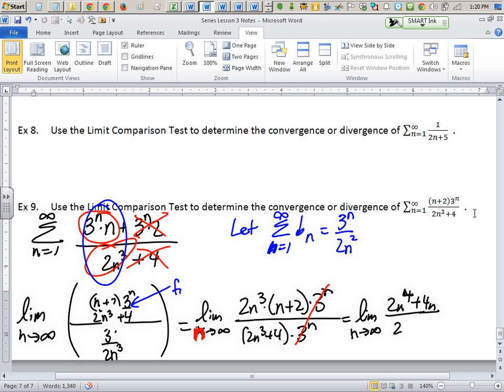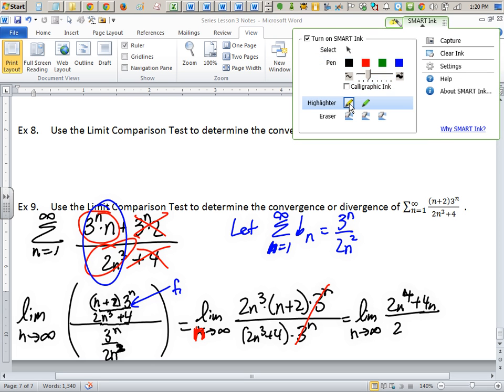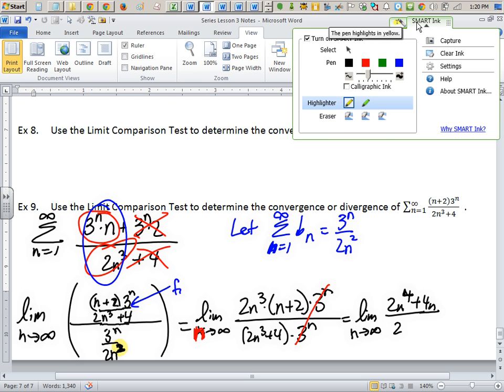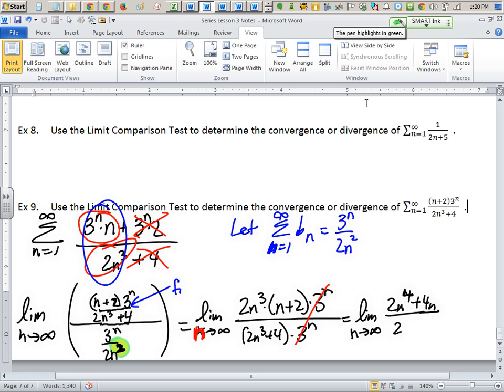Correct. But the other one was a 2n squared on the bottom. Right there. Okay, I just fixed that. I could use my cool highlighter. I like green better. Let's do the green highlighter. Ooh, red and yellow ink. Cool. Then on the other, that means this is an n squared right here, correct?